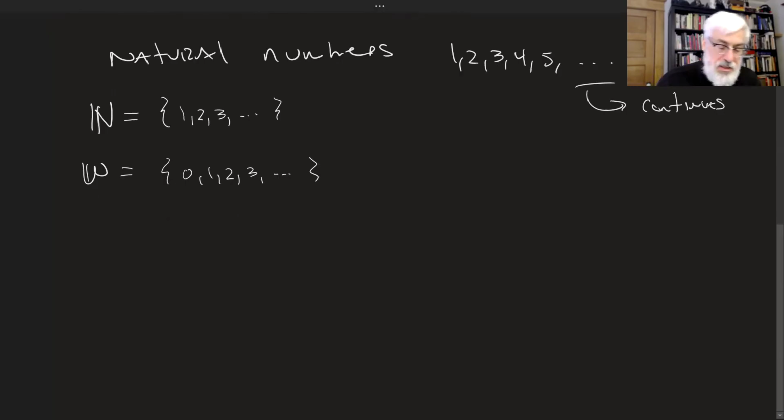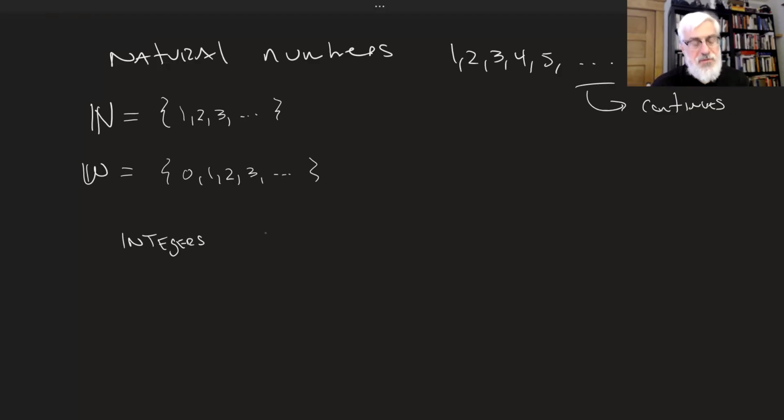Another important set is something we call the integers. The integers are the natural numbers and 0, or the whole numbers, and the negative of each. So we will write it like this, because we want to denote that it's infinite in either direction.